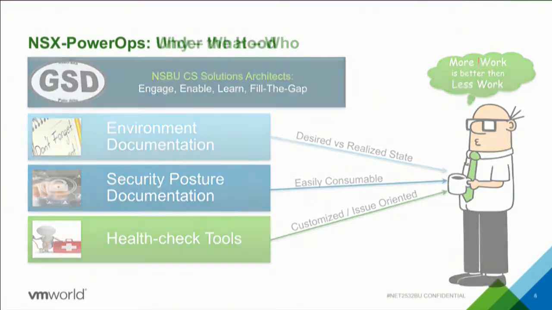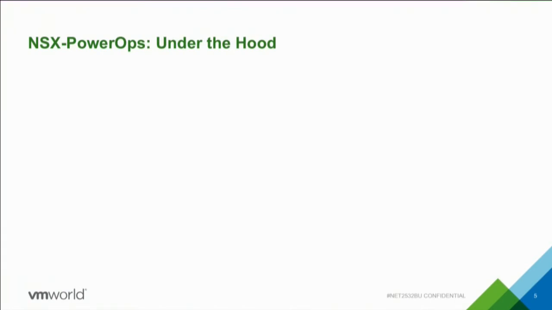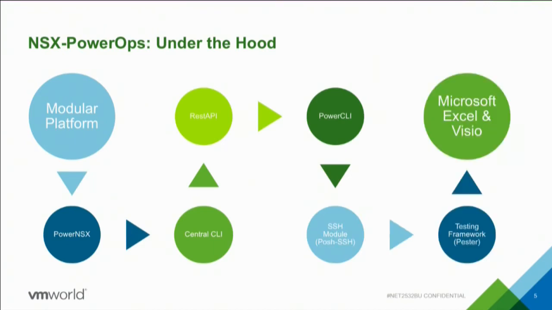That's right. All right, moving forward, before I show you the demo of the product, I'd like to quickly go over what's really under the hood. The tool is based on PowerCLI, and we're using multiple modules within PowerCLI, either provided by third parties, like the SSH module, which is Posh-SSH, or Pester for our testing. But within the documentation and health check, we created every functionality as a module itself.